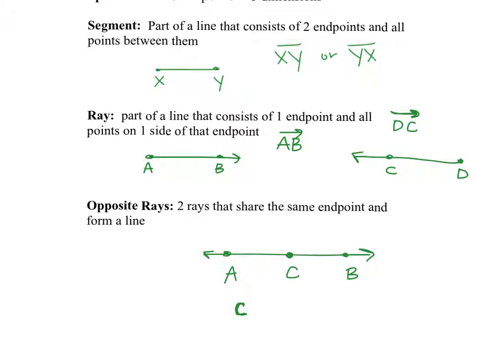What's one ray? CA is one of the rays. What's the other one? CB. So they have to have that same endpoint. We would say ray CA and ray CB are opposite rays. Okay, questions on that?